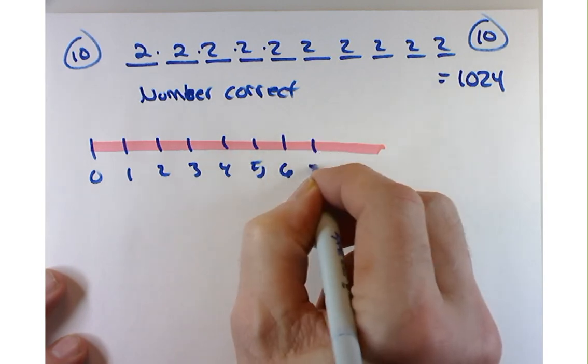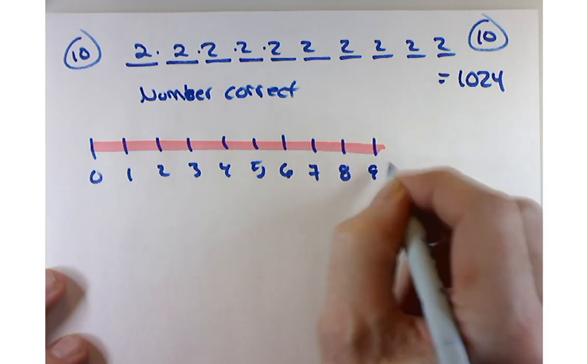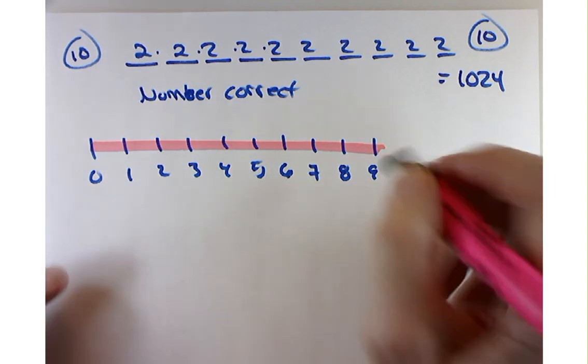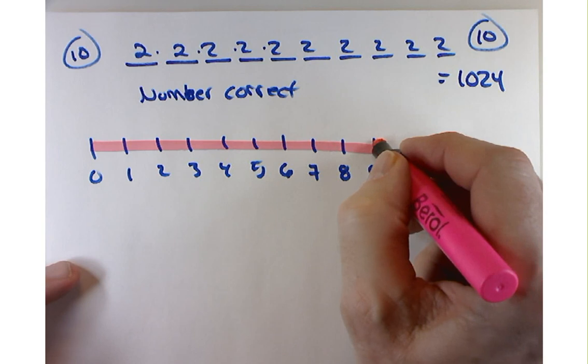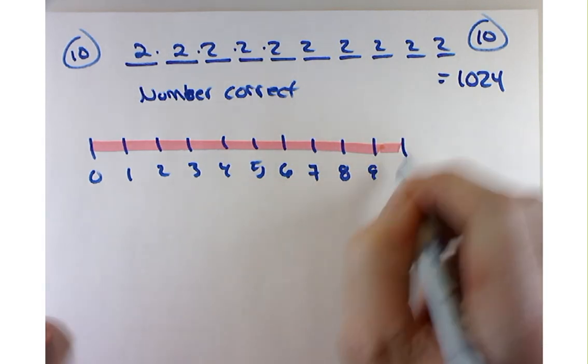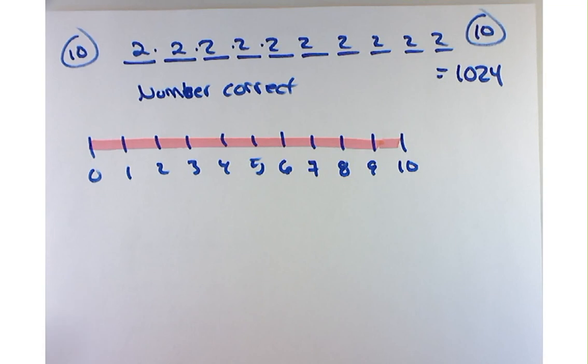It'd be extremely unlikely that you would get 10 correct by guessing. In fact, you'd have exactly a 1 in 1,024 chance of getting all 10 correct. So we want the probability of getting at least one correct.